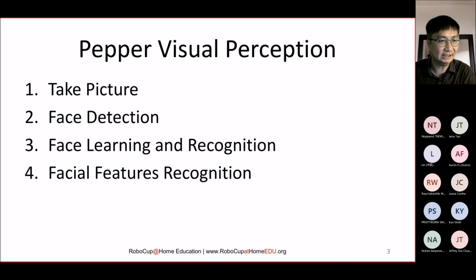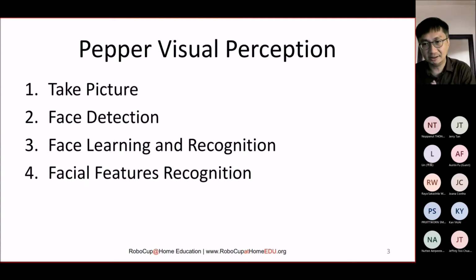Okay, so this will be very useful if you want a more in-depth interaction between Pepper and your guest or your user. Right. Then lastly, not only can Pepper detect the face or recognize a certain person, but it is also able to estimate some features based on the facial features.